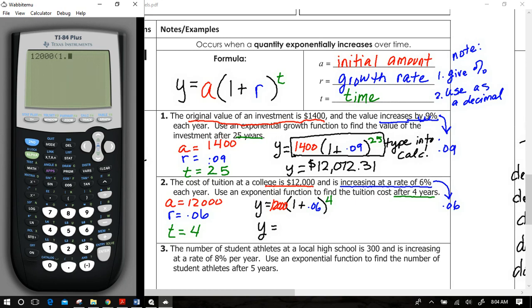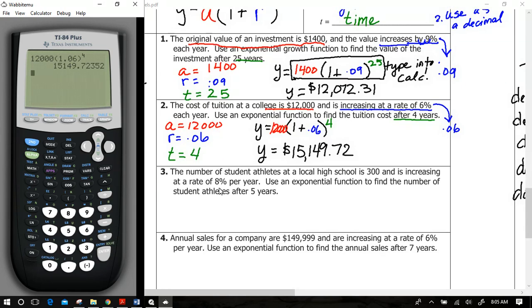And so then just type 1.06, close parenthesis, caret 4 to the 4th power, and hit enter. And so my answer is $15,149.72.